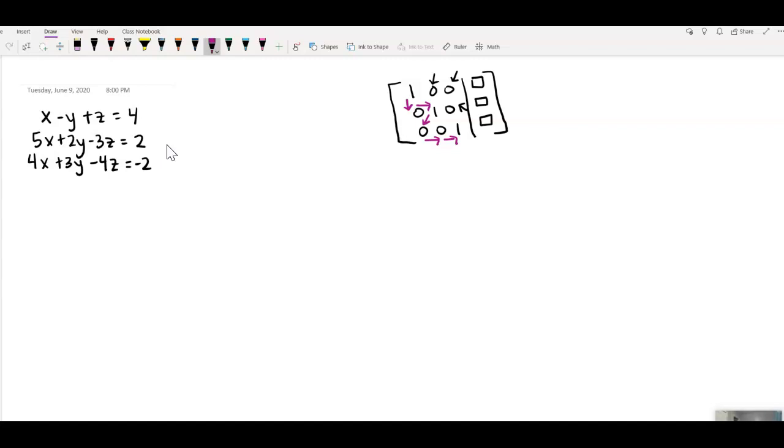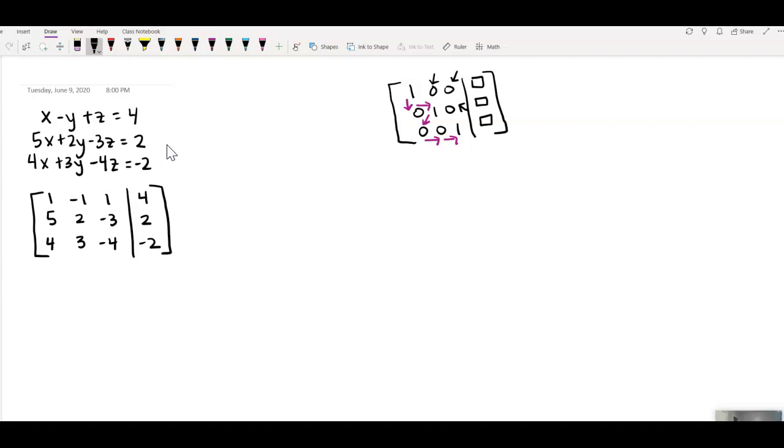So let's write this down as an augmented matrix. I've got 1, negative 1, 1, and then 4 on the other side. 5, 2, negative 3, and 2 on the other side. And 4, 3, negative 4, and then negative 2 there.